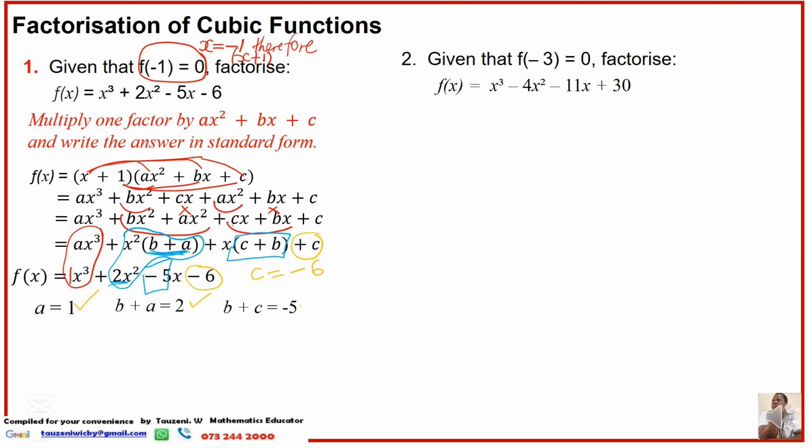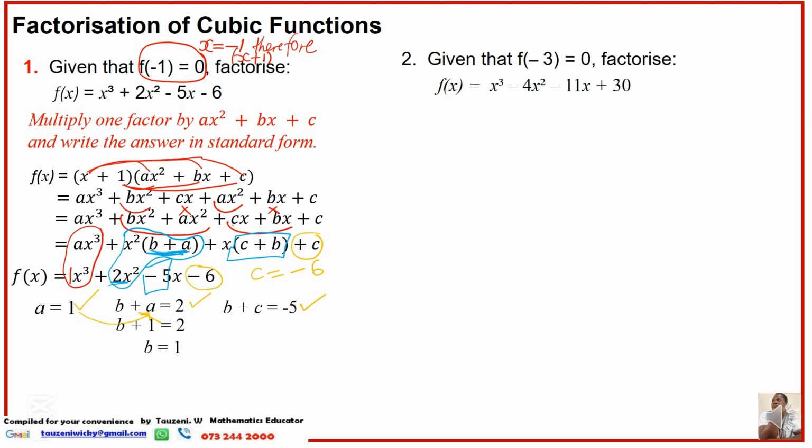So a is 1, b plus a is 2, b plus c is equal to negative 5. We can now calculate the values of b and c. So in this one, we substitute a, because a is equal to 1, b plus a becomes b plus 1. That will give me the value of b if I simplify.